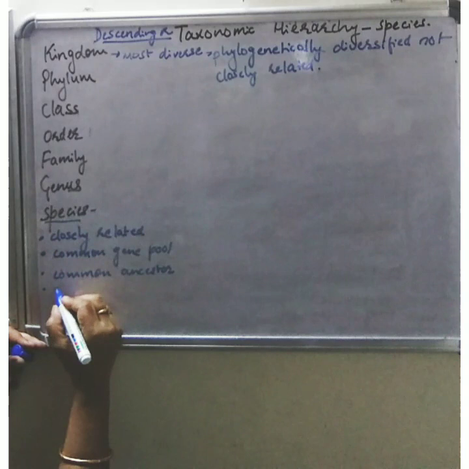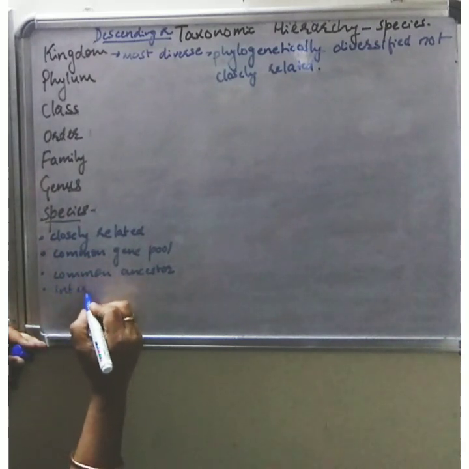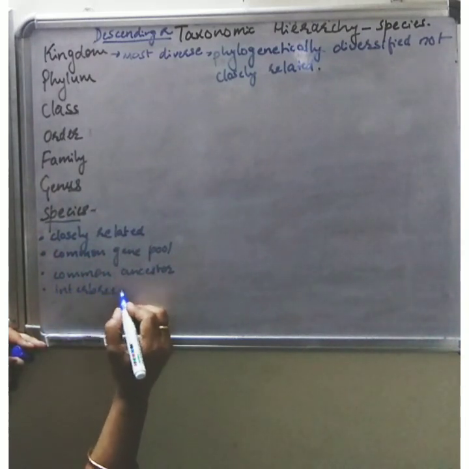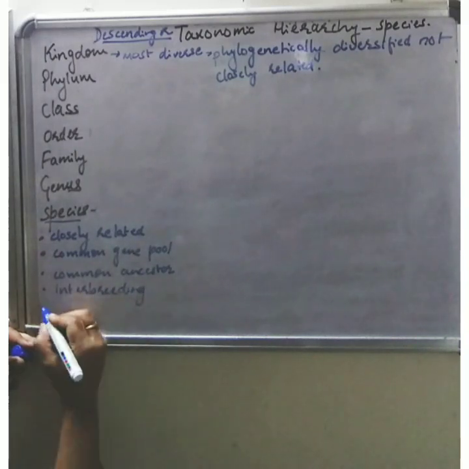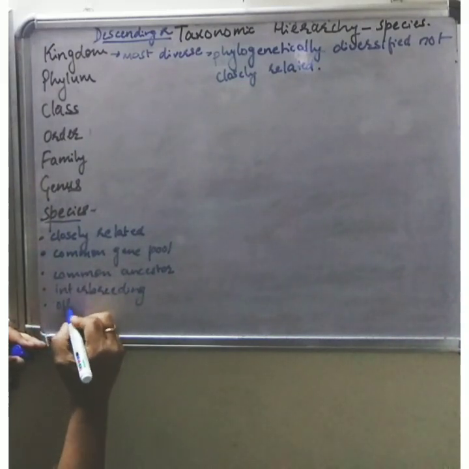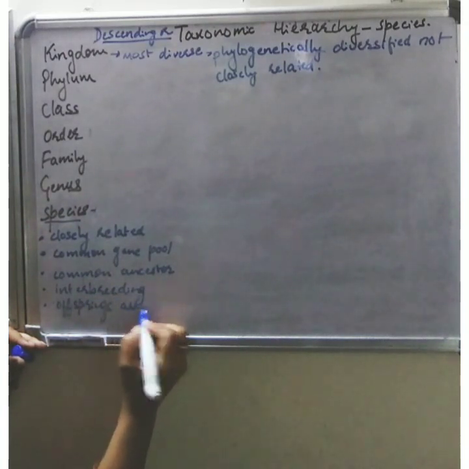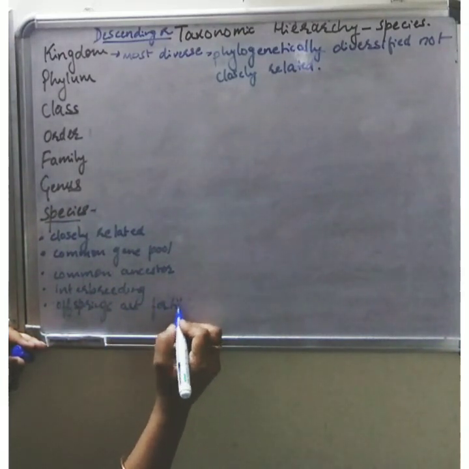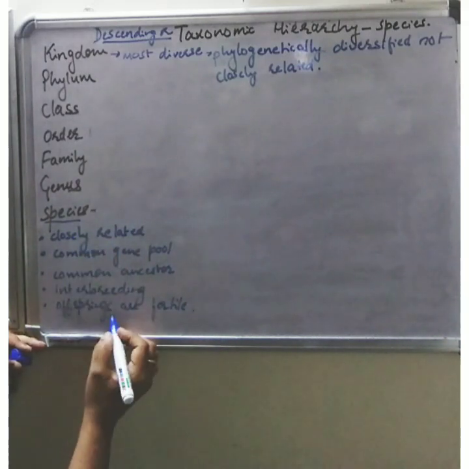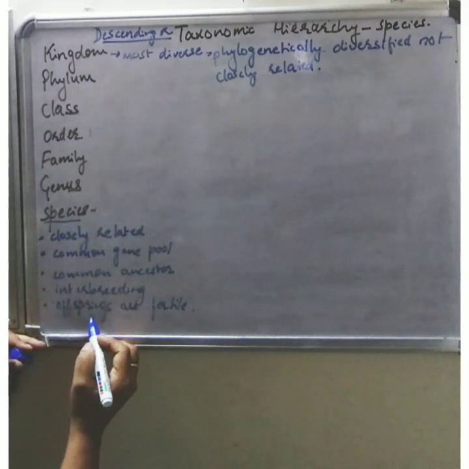The members of the species are also interbreeding. They produce fertile offsprings.